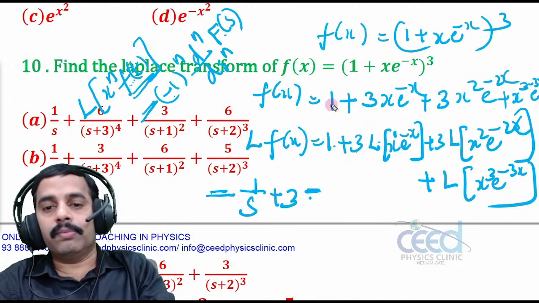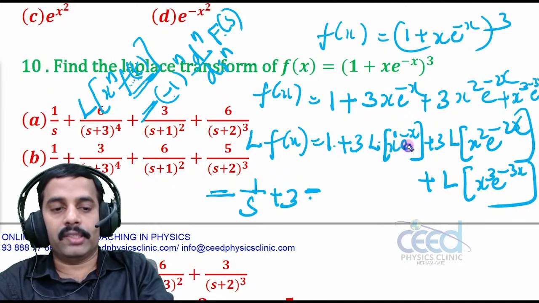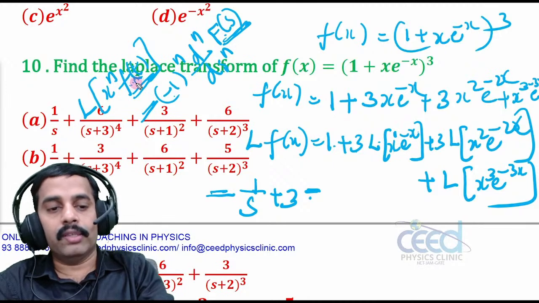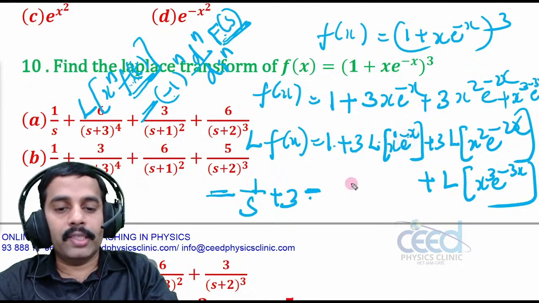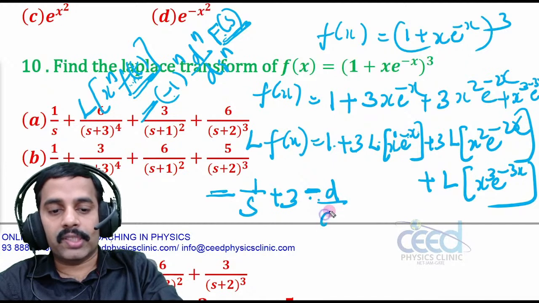And this f of t is equal to e raised to minus x. What is f of s? It is the Laplace of this f of t. What is the Laplace of e raised to minus x? That is 1 by s plus 1, right? So we have a derivative here, the first derivative of 1 by s plus 1.